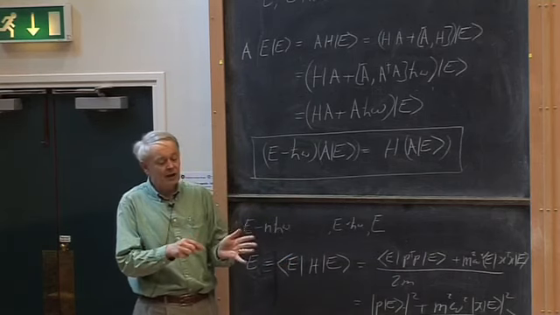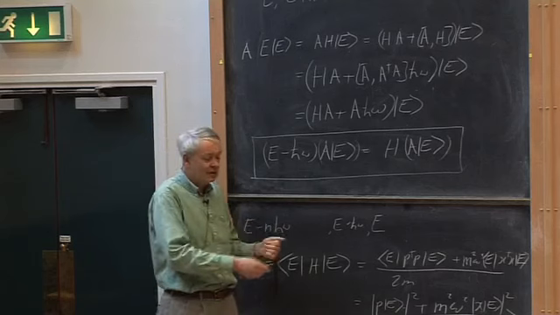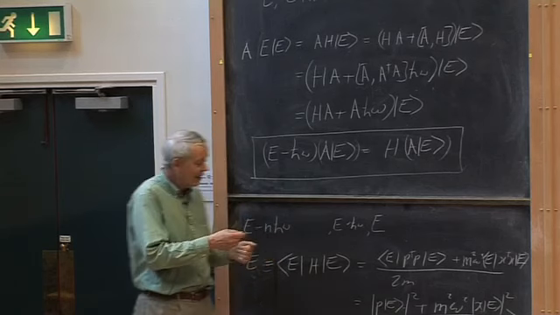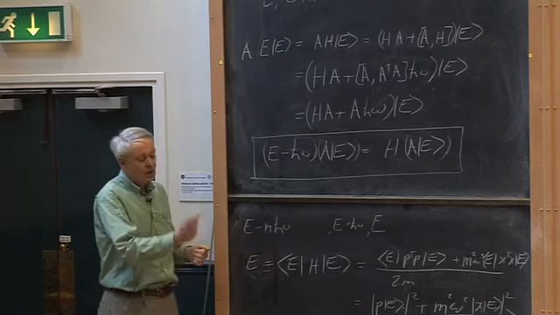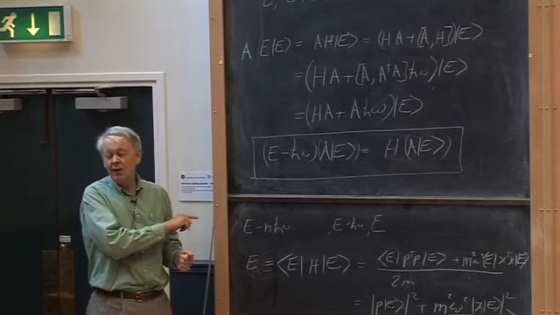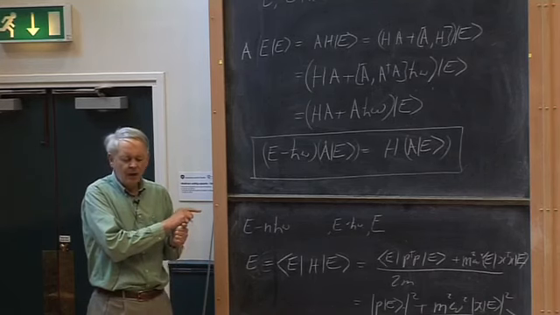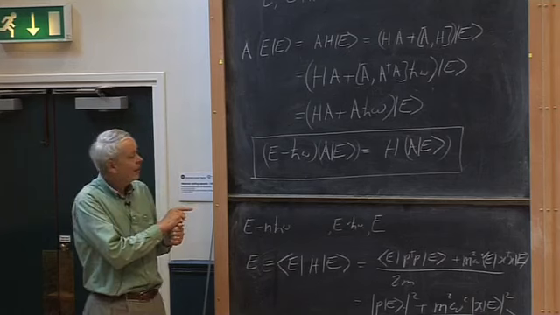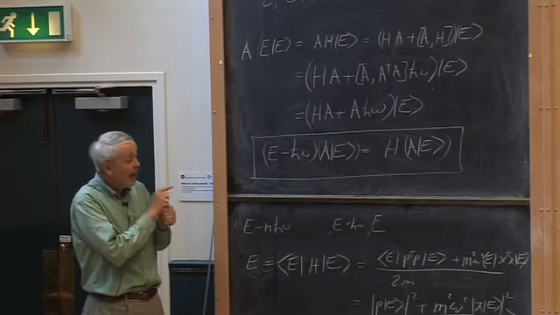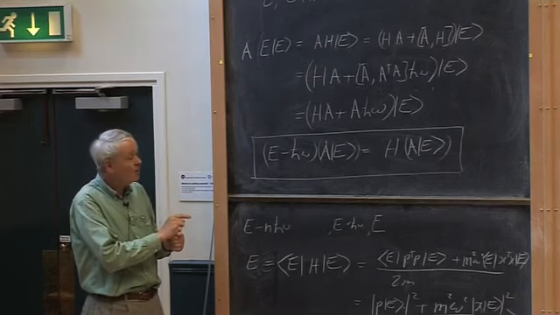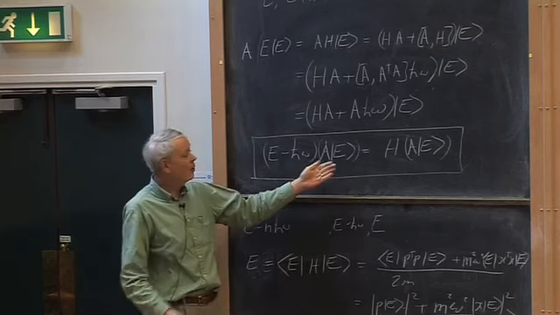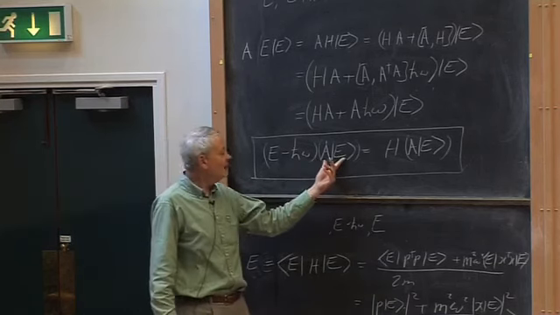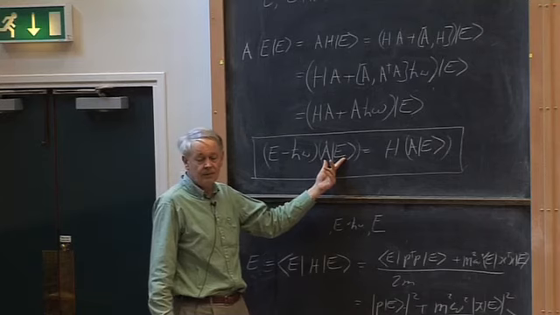And since it's logically impossible to go on creating states of lower and lower energy, this chain of results of applying extra factors of A has to stop somewhere, and the only way it can stop, since this equation is true, is by this thing becoming 0.